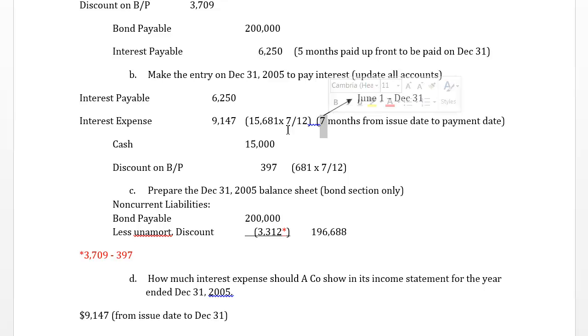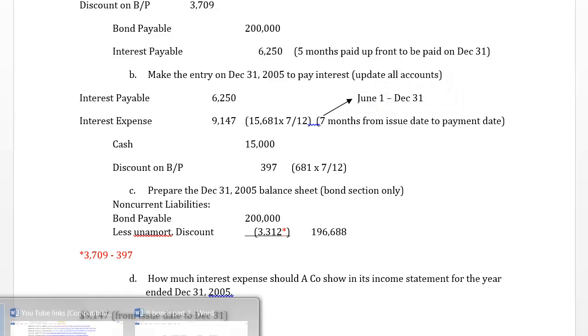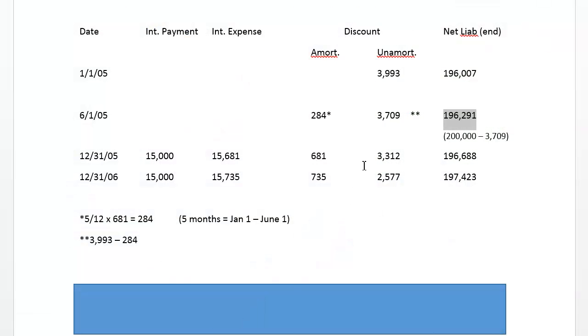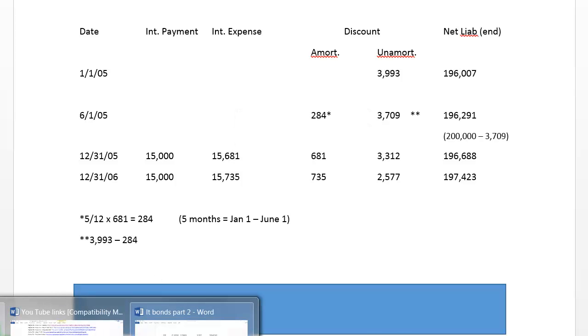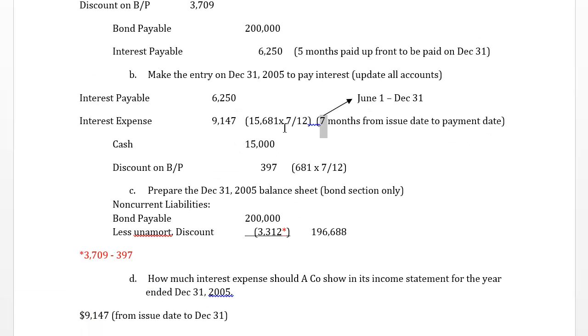That's your 7 months. And this $15,681, you'll remember, was what we had here. That was the full amount of interest expense for the entire year, 05. I only now want it for June 1st to December 31st, which is 7 months. So therefore, if I go back here, 7 months of that is $91.47.